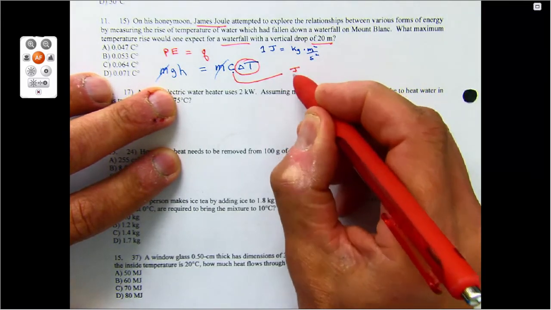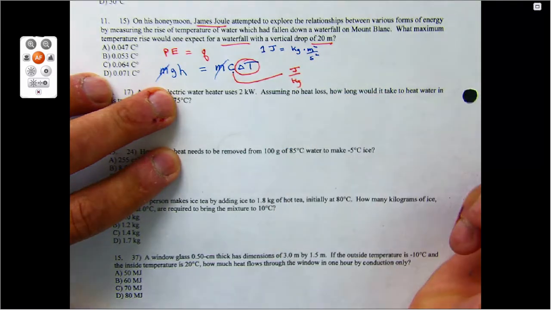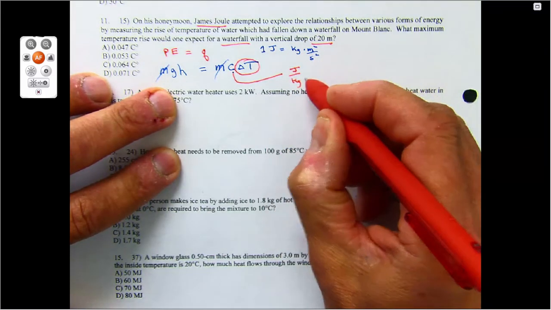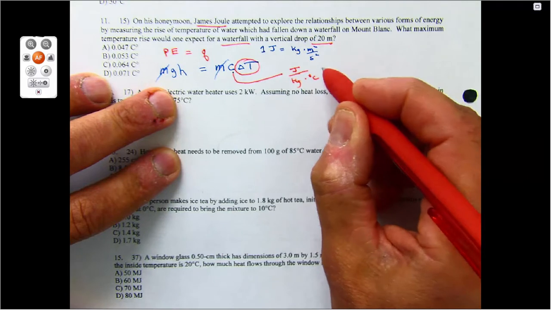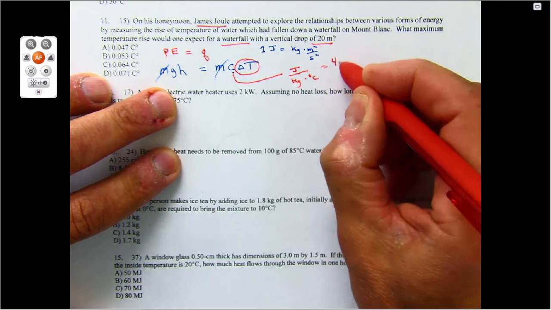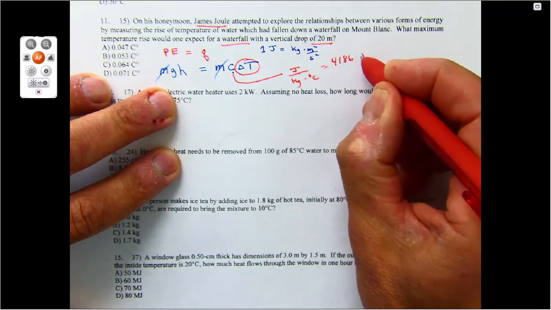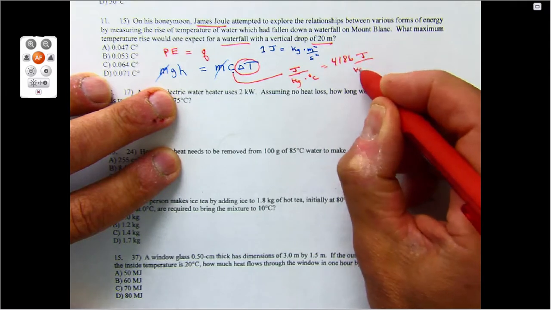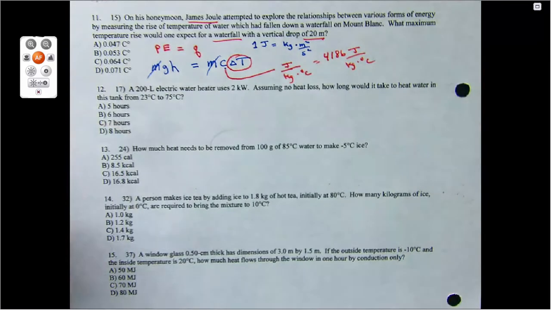For water, joules per kilogram degrees Celsius, that value should be 4186 joules per kilogram degrees Celsius. That'll just fall out then. It's just a matter of units.